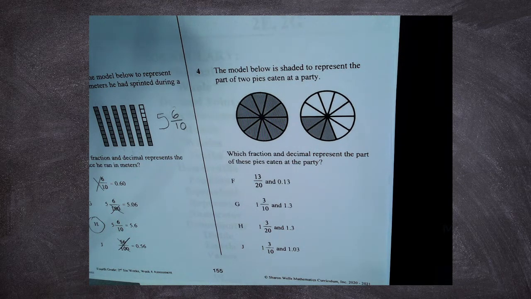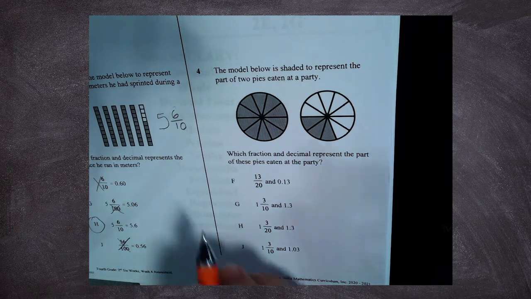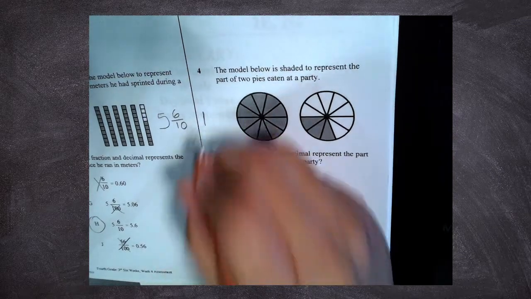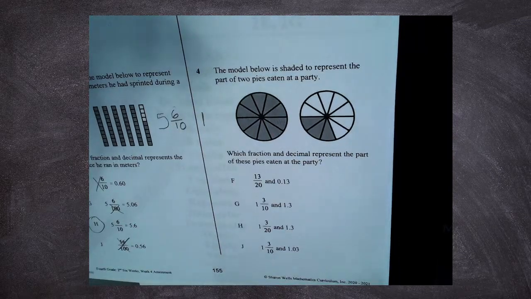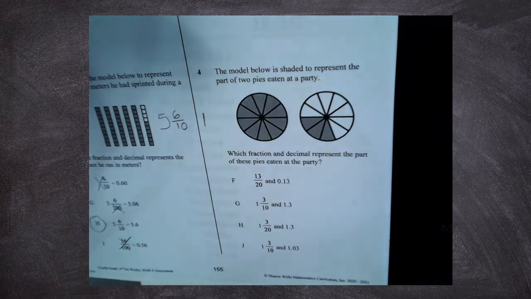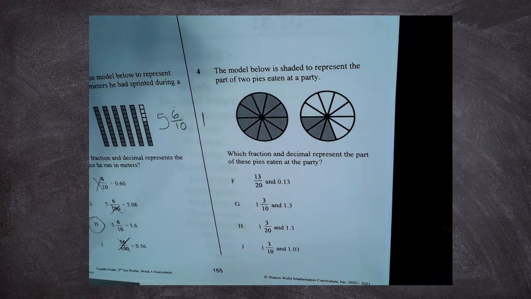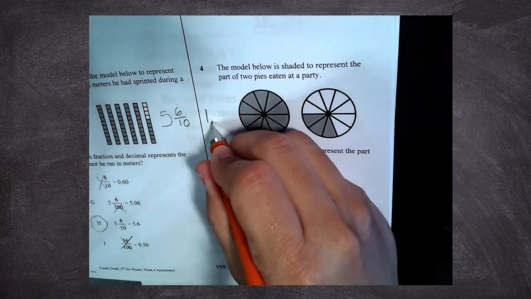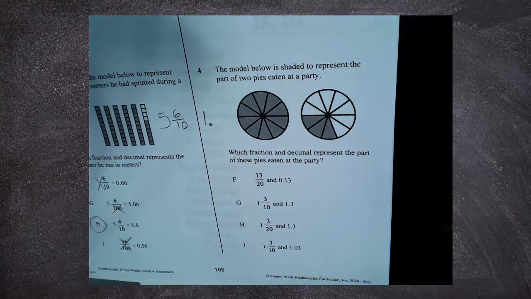Alexa? Yes, but you just have one. Okay, so I have one whole pie shaded in. This next one isn't all shaded in, is it? Just a part of it. So there's my decimal. One whole pie and something.